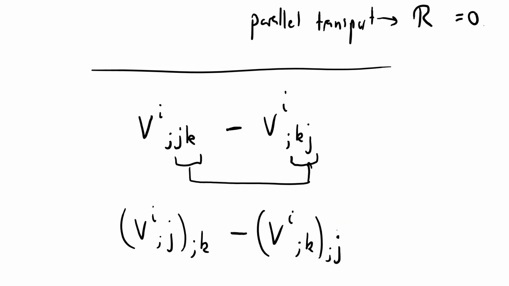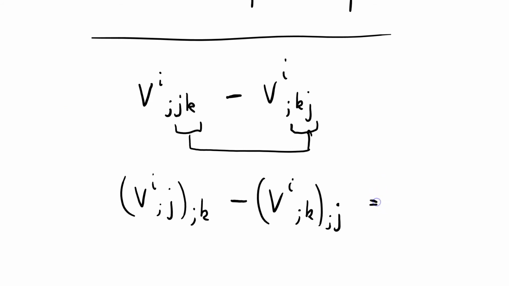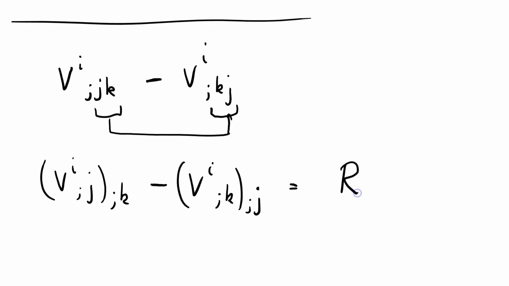And that is going to equal the Riemann curvature tensor contracted with one of these, with an l. Which way round is it? It's going to be l on the first index there. There's going to be an i up there, and I've got a j and a k.